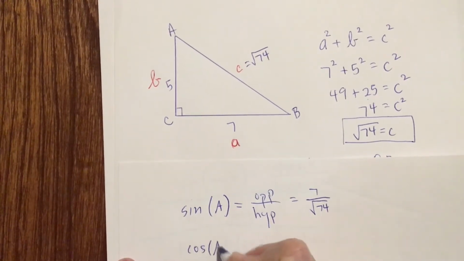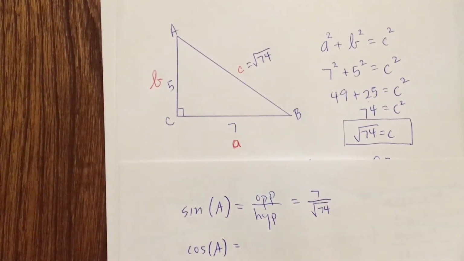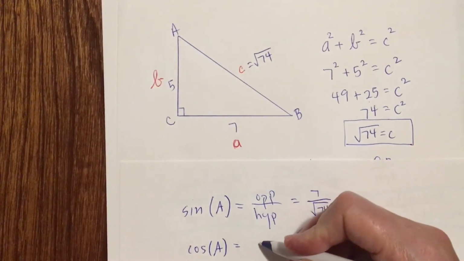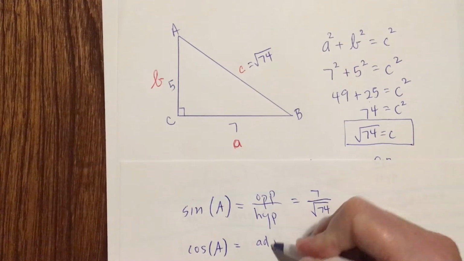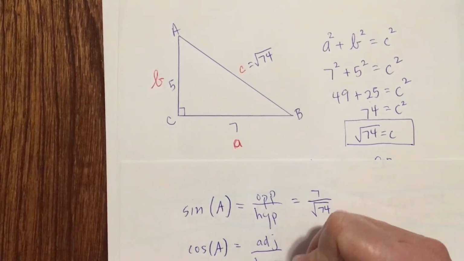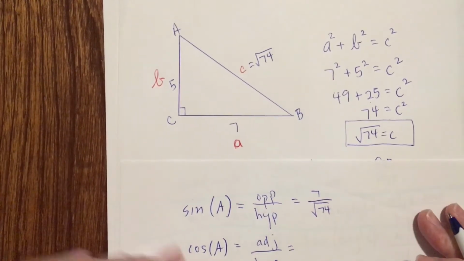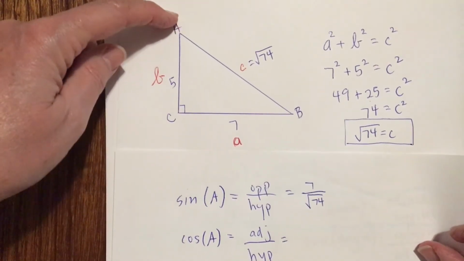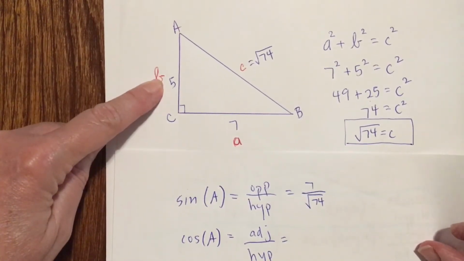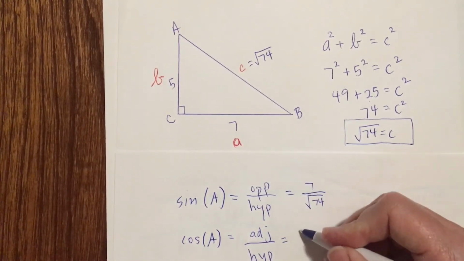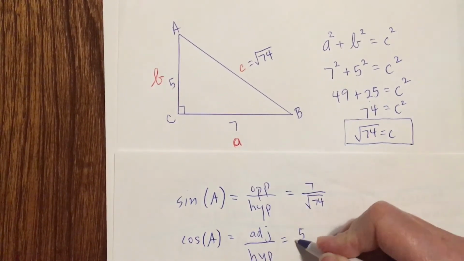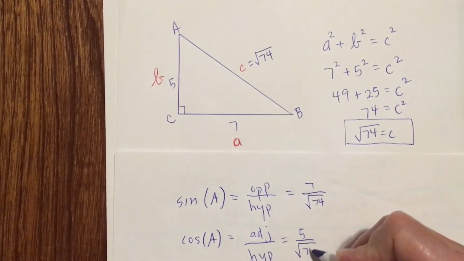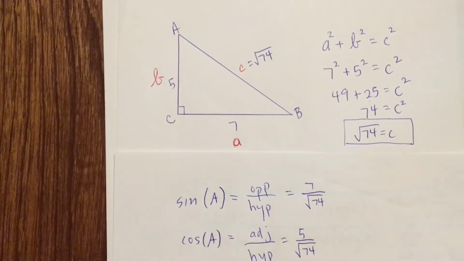The cosine of A, cosine is adjacent, I'll write ADJ over hypotenuse. As I look at my picture, adjacent to A is side B. That has a length of 5. So cosine of A is 5 over the square root of 74.